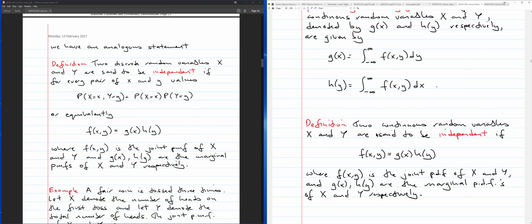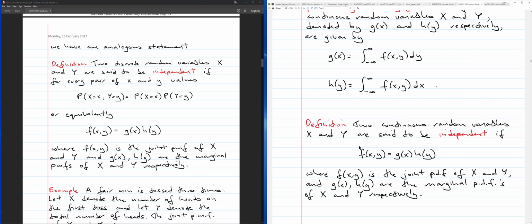Now, similarly, if we want to check to see if continuous random variables are independent, you're basically doing the same thing, except in this case what you're working with is probability density functions, not probability mass functions. But other than that, it's the same formula.